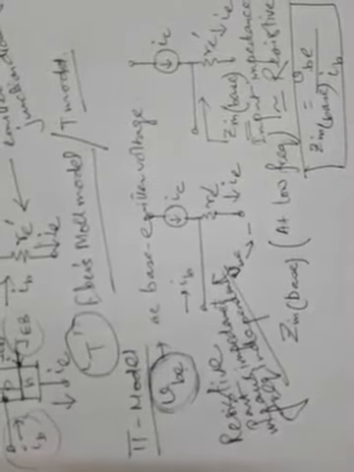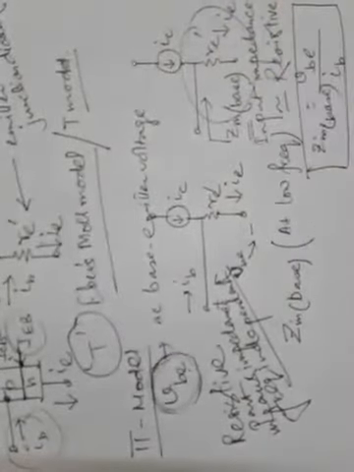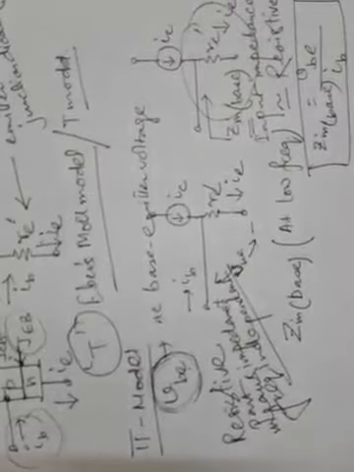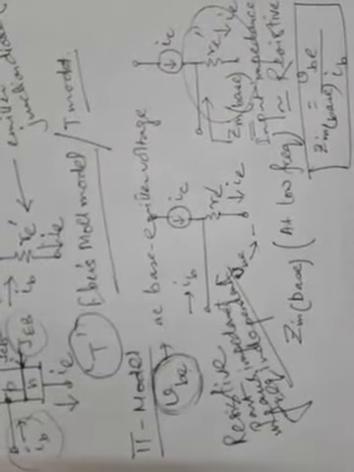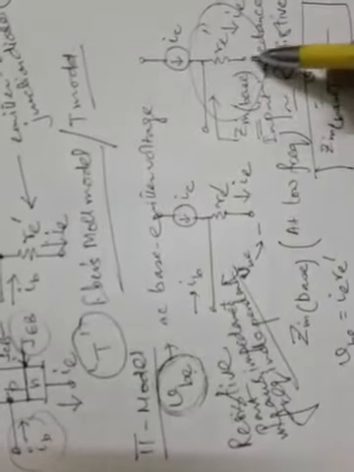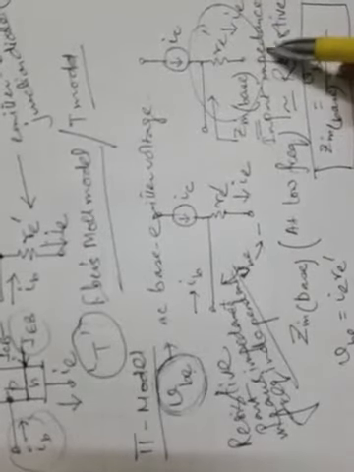Now applying Ohm's law to the emitter diode, that means to the emitter base junction, we can write VBE is equal to IE RE dashed, because you can see that IE is flowing through RE dashed, from this node down to ground on the other side.